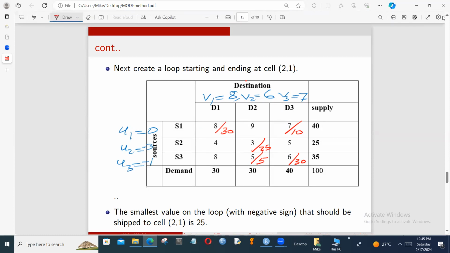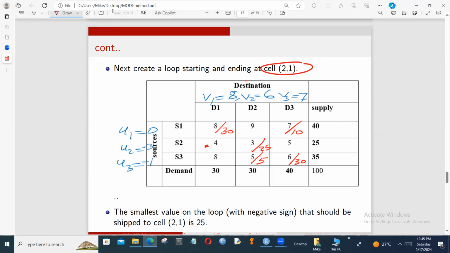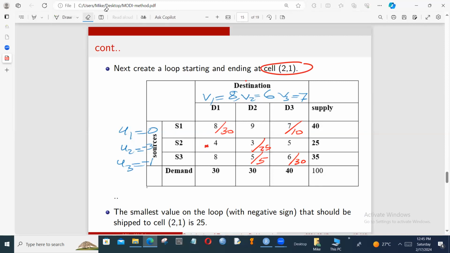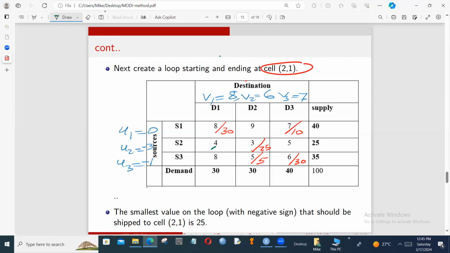Before we begin creating the loop, we need to begin from this cell 2-1 that has given us an opportunity cost of -1, the only cell that gave us a negative value. That is the cell we are more interested in. This cell is unoccupied, it has no units.